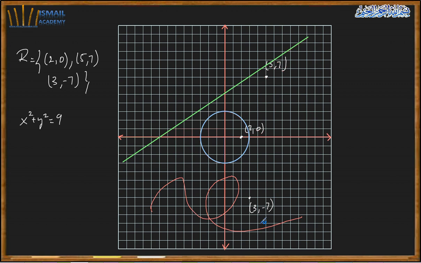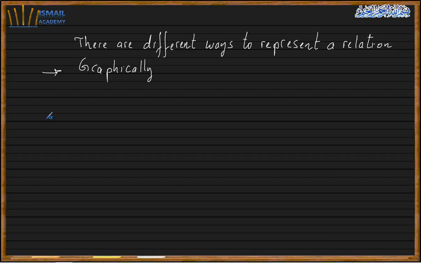So those are examples. The second way we present a relation is by a set.